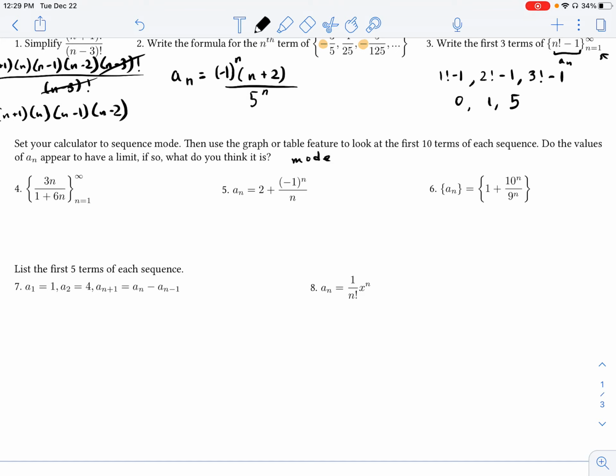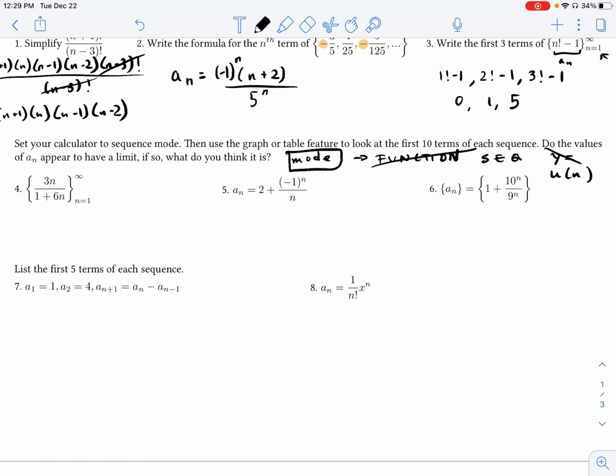So that's mode, and then from the function where it's currently set, we want to change function, and you want to change that to sequence. And then you'll know you did this successfully when the y equals screen becomes the u sub n screen that you see there, okay?